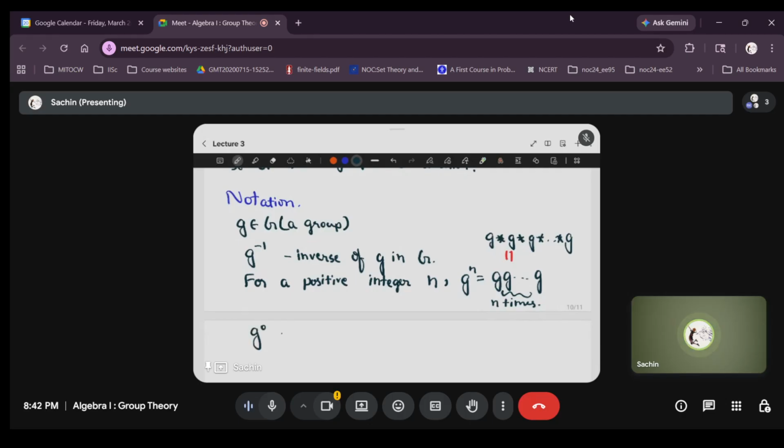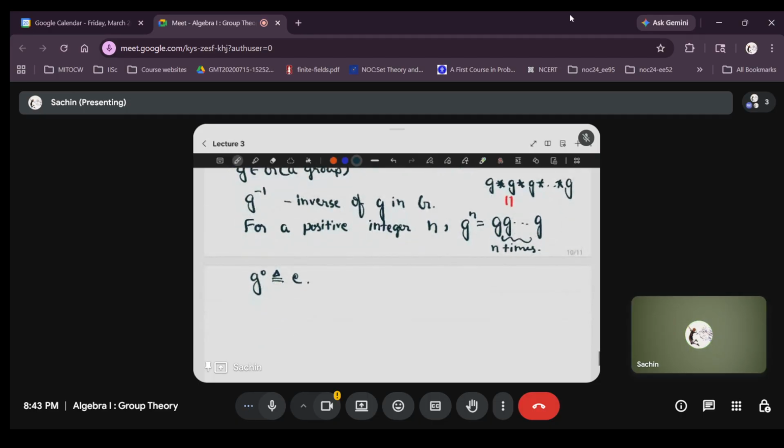G power 0 we will define, by definition, to be equal to the identity element E. And if n is a negative integer, then g power n is nothing but g inverse power the magnitude of n.